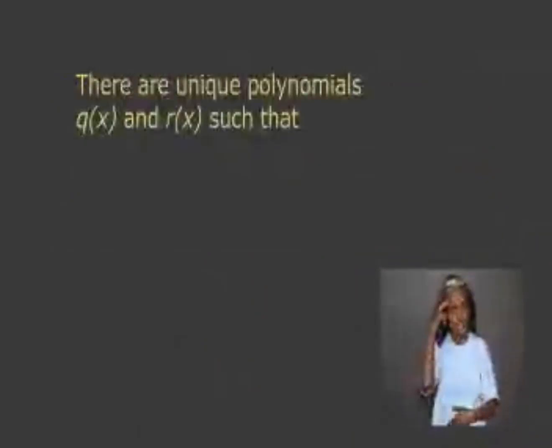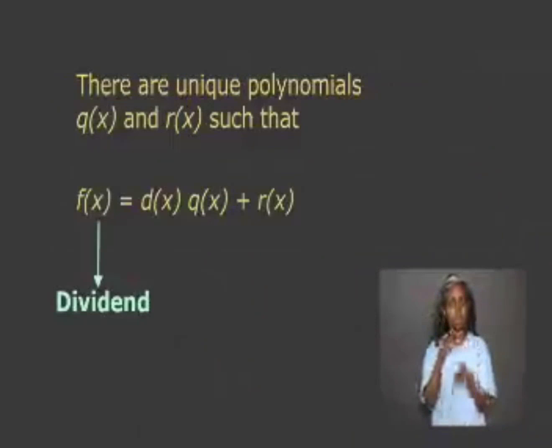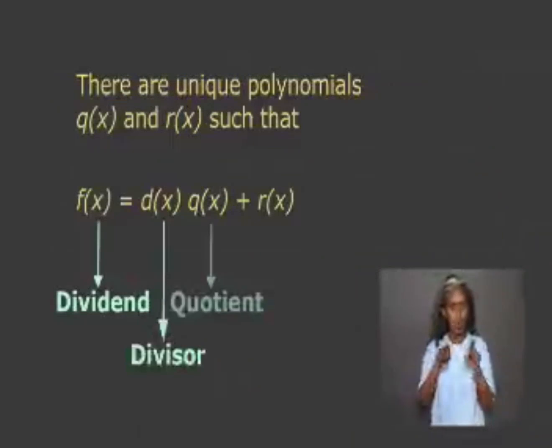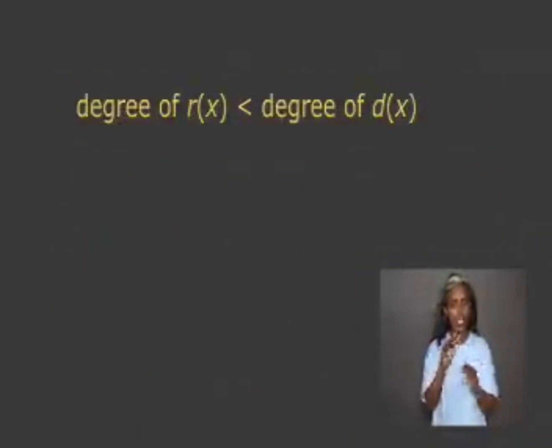In this case, there are unique polynomials called q of x and r of x, such that f of x equals d of x times q of x plus r of x. r of x equals 0, or the degree of r of x is less than the degree of d of x.